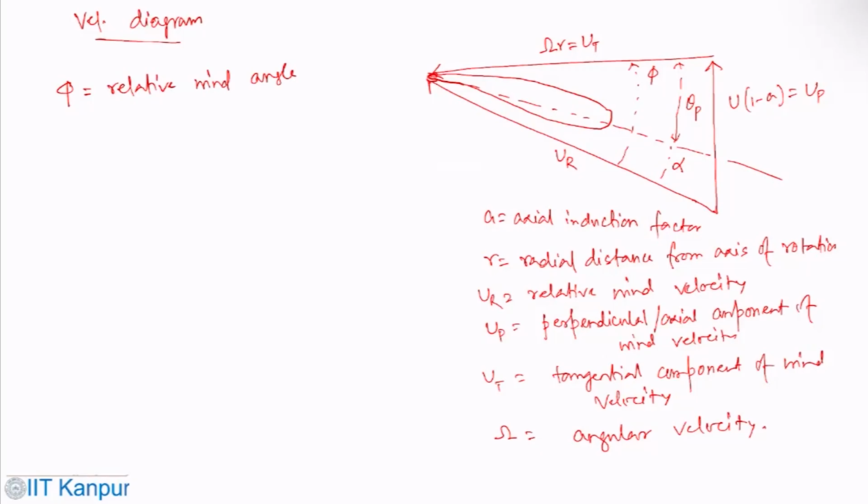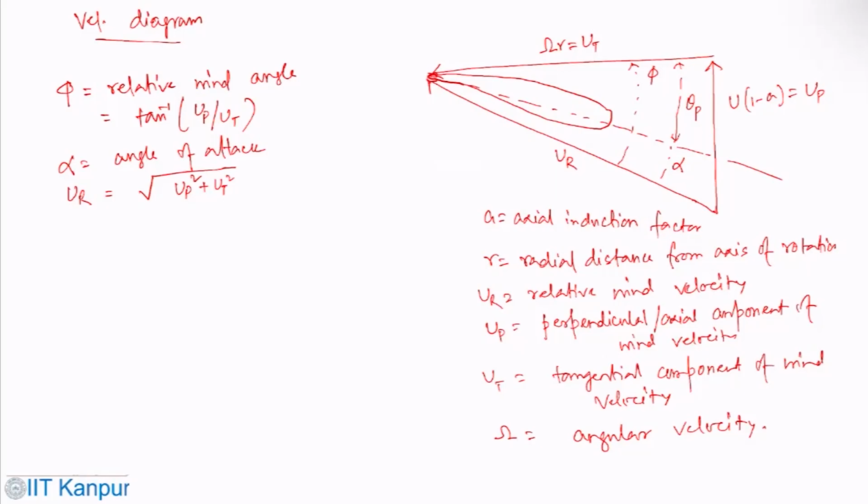So that is essentially tan inverse UP by UT. Alpha is angle of attack. UR is square root of UP square plus UT square.